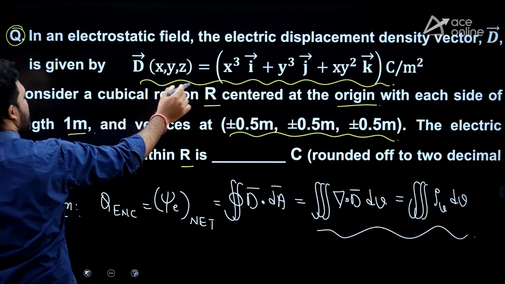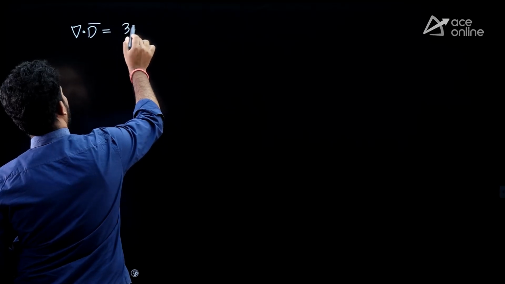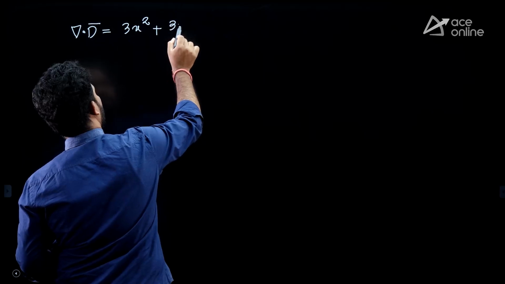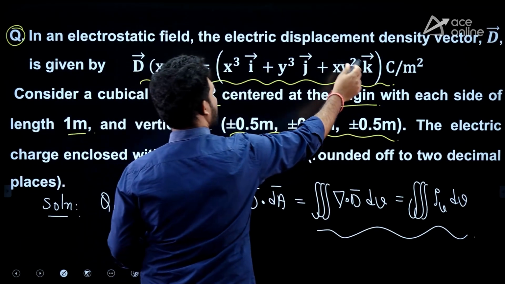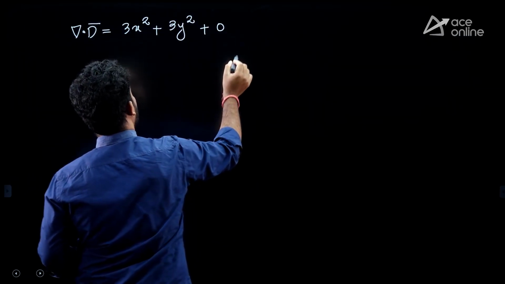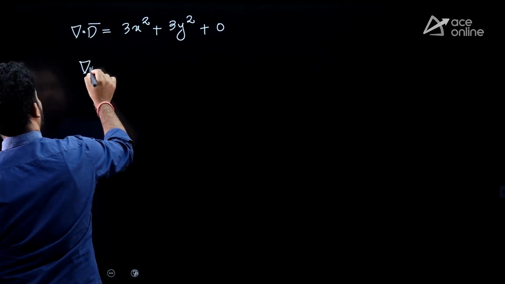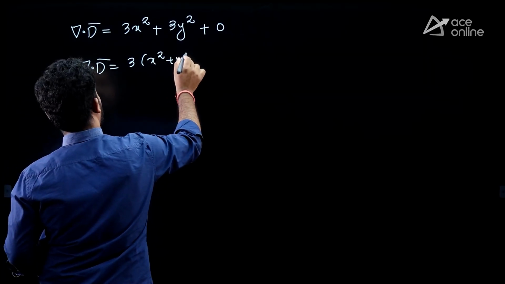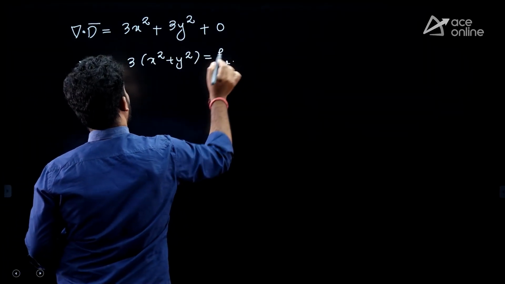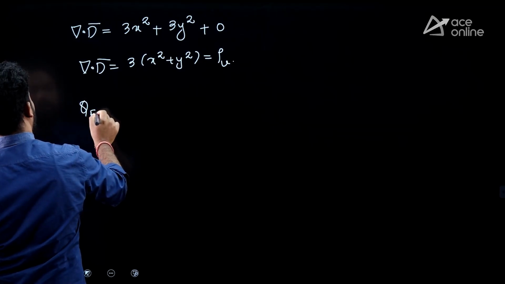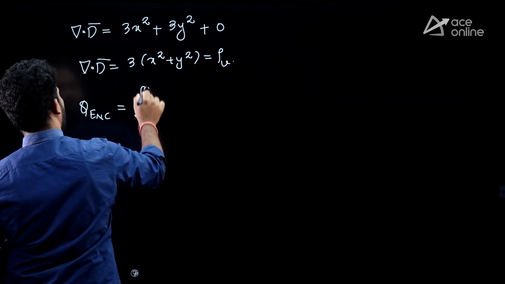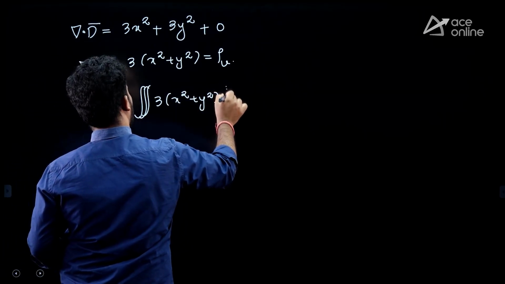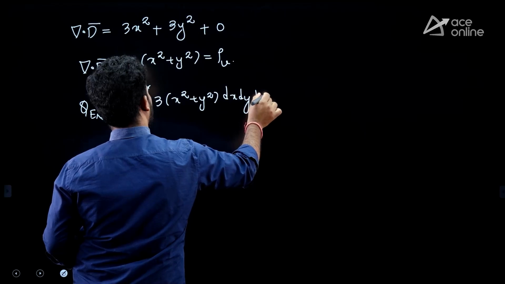Divergence of D is the differentiation of this one with respect to x, which is 3x squared, plus the differentiation with respect to y, which is 3y squared, plus the differentiation with respect to z, which is 0. So divergence of D is equal to 3 times x squared plus y squared, which is rho v. So the total charge enclosed is the volume integral of 3 times x squared plus y squared into dx dy dz.